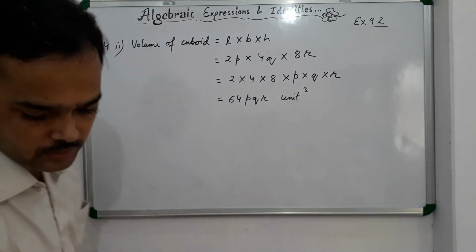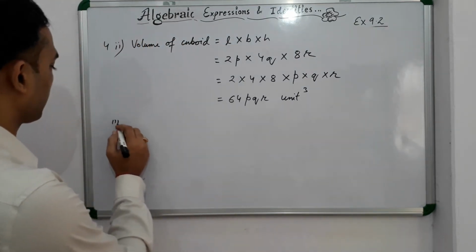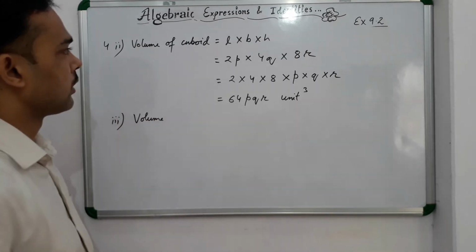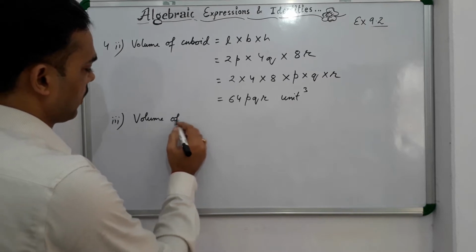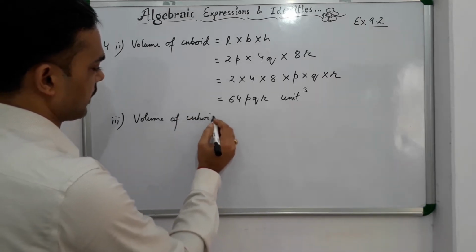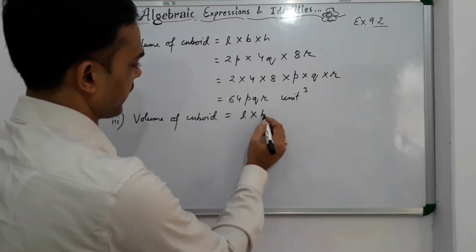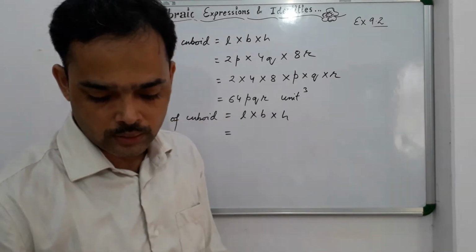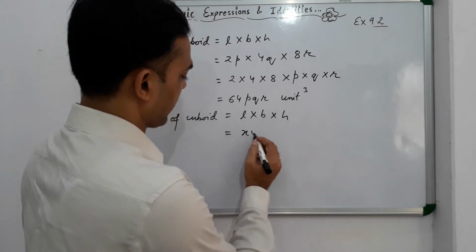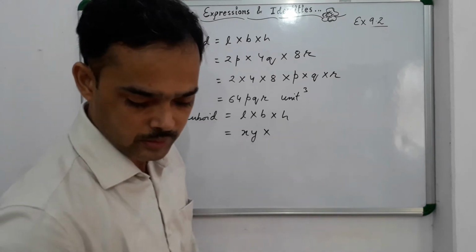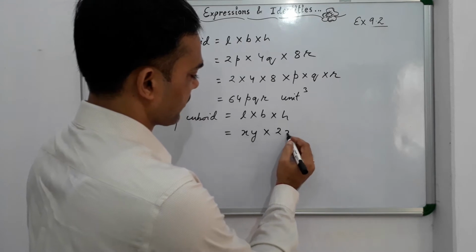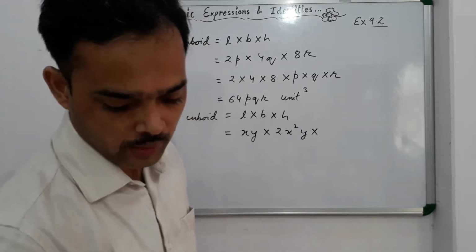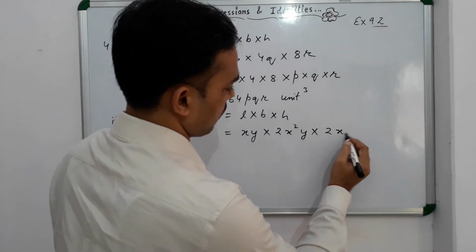Then after the second, let us do the third part. Once again we have to find the volume. I have written the formula: volume of cuboid is equal to length into breadth into height, where in this particular question the length is given as xy, the breadth is 2x square y, and the height is 2x y square.